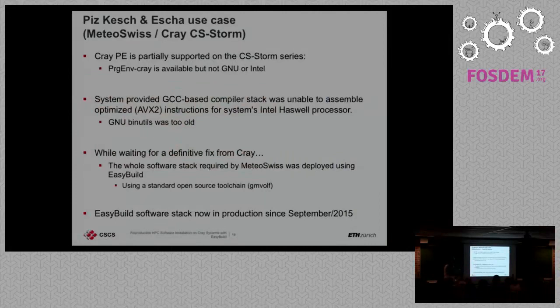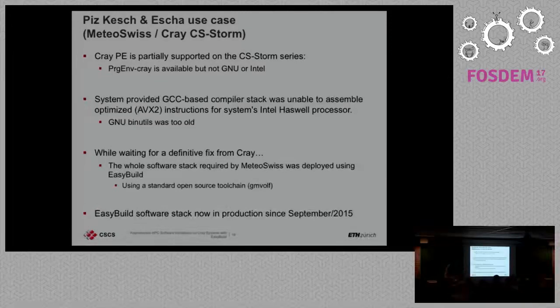So, as I explained what we had in the Cray programming environment, this machine is already different from the rest. This is a new series for which they provide only partial support for the programming environment. They provide only the Cray programming environment and not GNU and Intel.